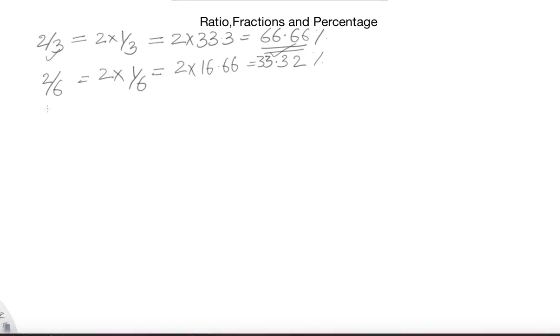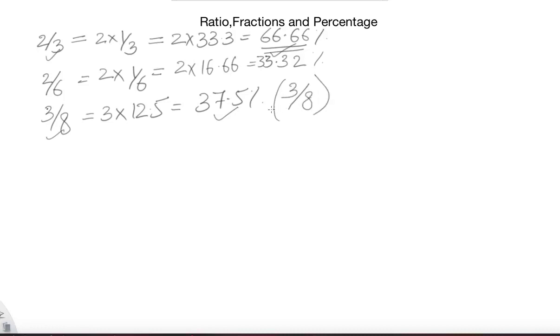Yes, and suppose we need to find the percent for 3 by 8. 1 by 8 is how much? 3 into 1 by 8. 1 by 8 is 12.5, and this equals 37.5%. This is how it works, and this is how we get the given fraction into various percentages. If the question says it is 37.5%, you will directly know that it is 3 by 8 of the given number or the given value, whatever it is.